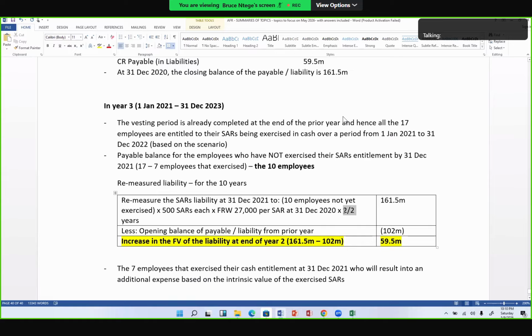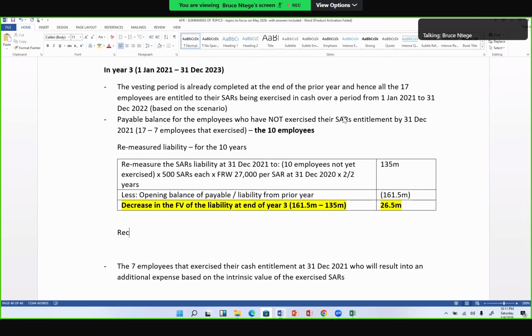So how do we account for that 26.5? I need it recognized, so I need a double entry. Every time a liability decreases, you debit it. So I'll debit that liability, that payable, in the liabilities, because it has decreased.